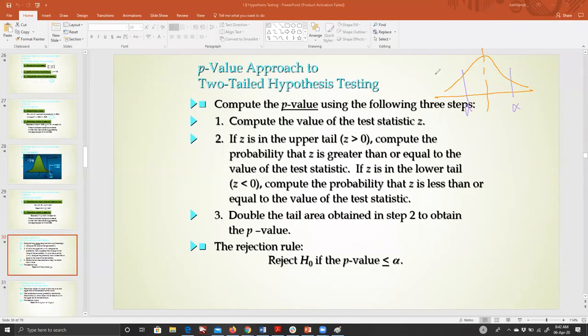So if I get this area correctly, I can just take it and double it, right? Rather than calculating an upper area as well as a lower area, because it's symmetrical, whatever this area is, I can just take this area and double the tail area, because this would be the same area in the positive direction as well.